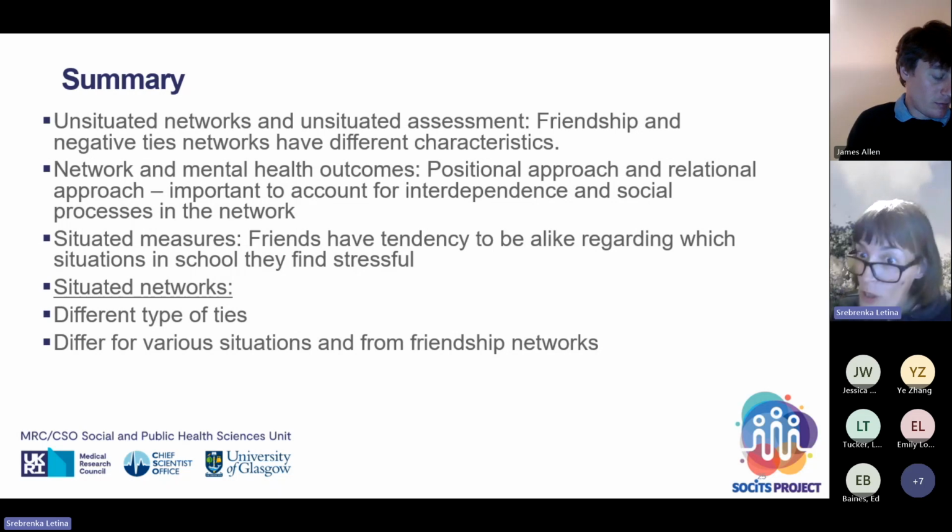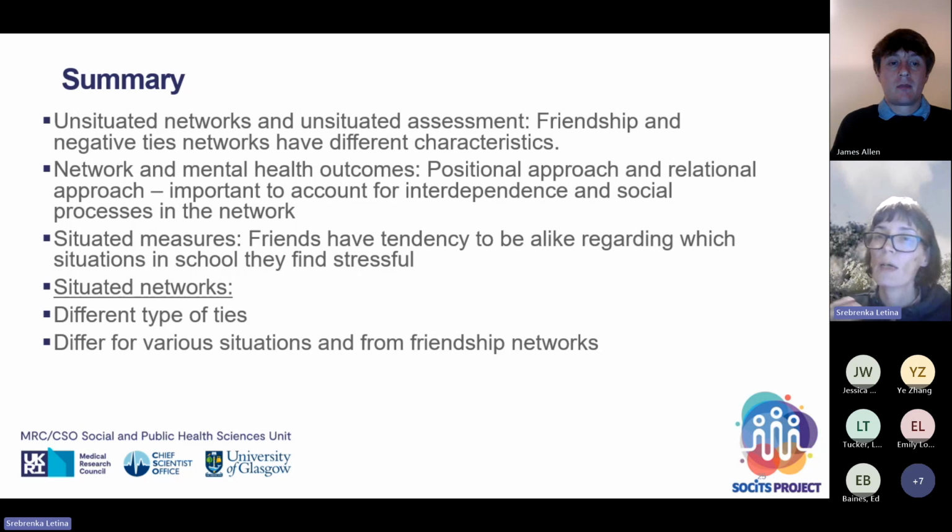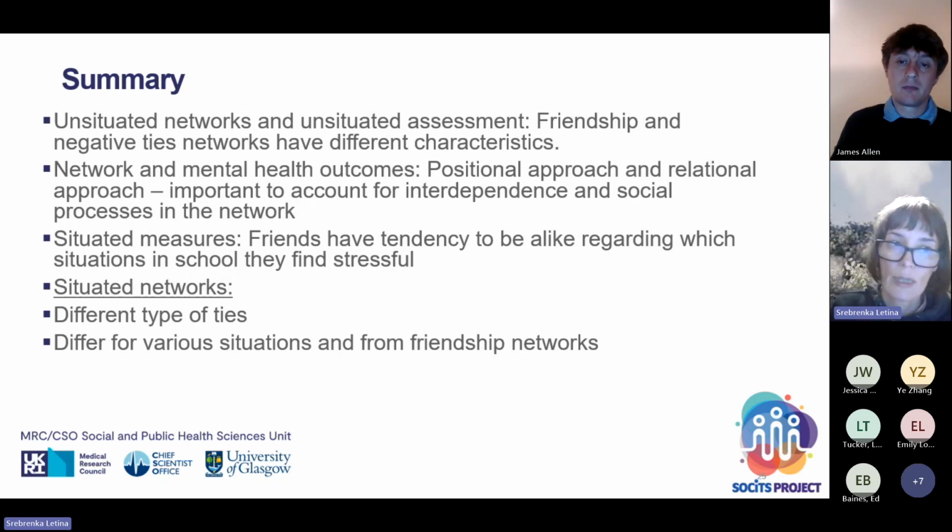There are different approaches to looking at this, different ways to think about why networks matter, because of the position in the network, because of the influence of those that we are connected with. But it's important to use the right methods that will control for everything that you want to control for, in order to come to an appropriate conclusion about whether the network is important for whatever you're looking at.